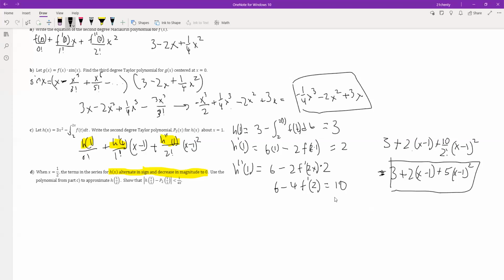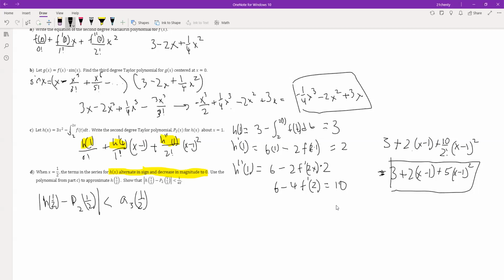Since this is the second degree Taylor polynomial, we'll find the next term of the Taylor polynomial, not necessarily third degree, but in this case it is third degree. So we will get that the error is going to be less than, I'll just write a sub 3 of 1/2.